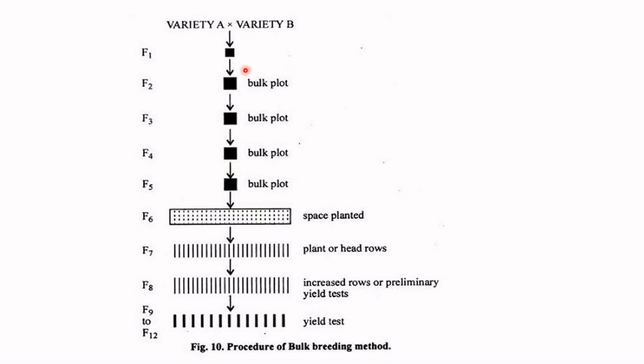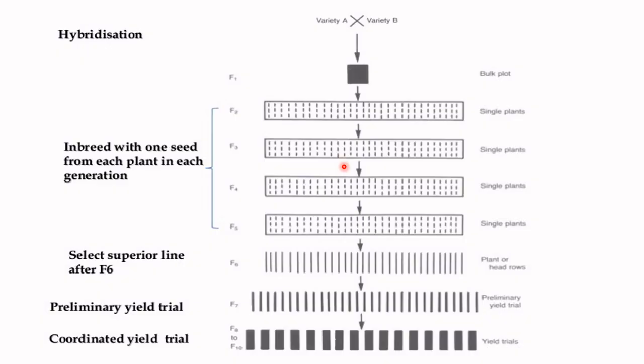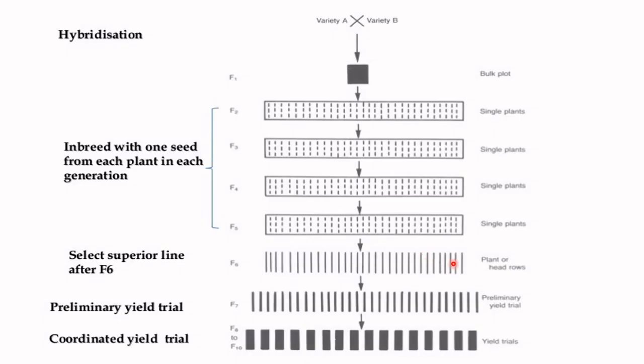So single seed descent is a modification of bulk breeding method. In this case, we are going to maintain the same feature of the bulk breeding method, which is no loss of genetic variance. In this process we are going to select one seed from each and every individual, and proceed into the next generation.